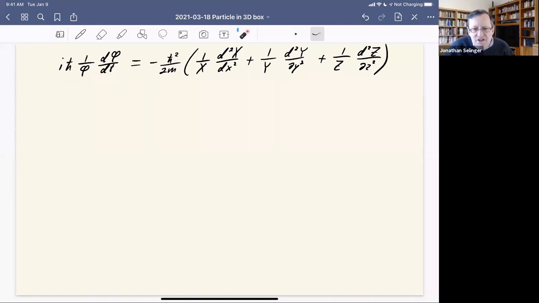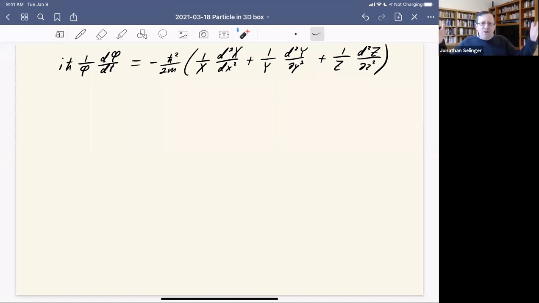It does not depend on X, Y, or Z. This term depends on nothing but X. It does not depend on Y, Z, or time. This term depends on nothing but Y. It does not depend on X, Z, or time. This term depends on nothing but Z. It doesn't depend on X, Y, or time.